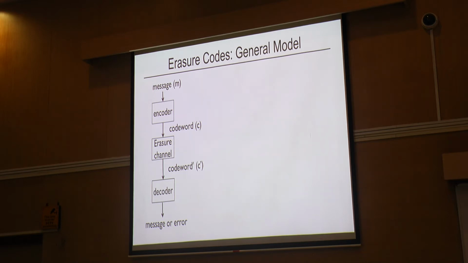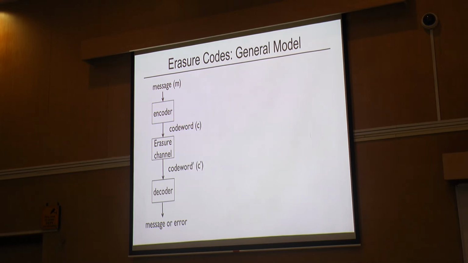So there won't be anything missing, but there will be errors. Errors are in general harder than erasures, because with erasures you know that something is missing. With errors you first have to detect that there is an error, which requires some cost. But in this tutorial we will focus only on erasures. So from now on you can forget about errors and think only about erasures as the type of noise.